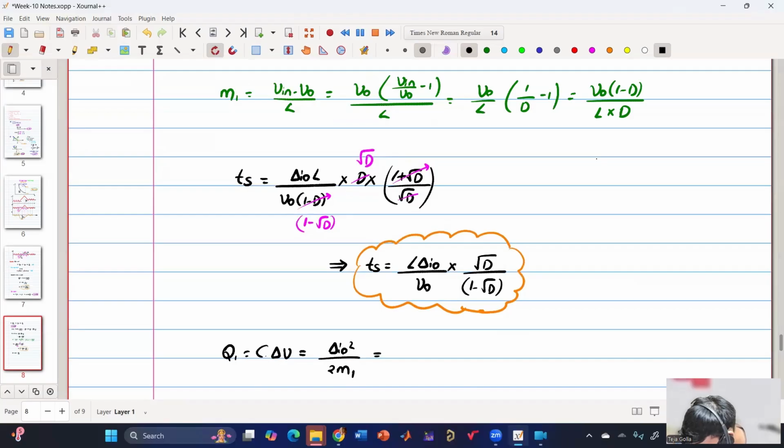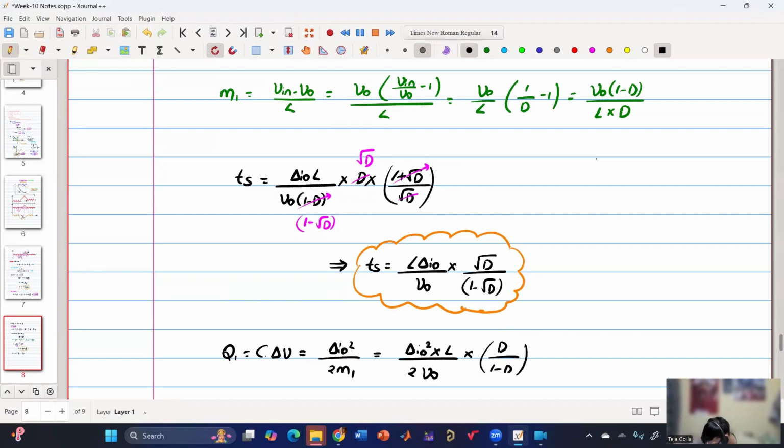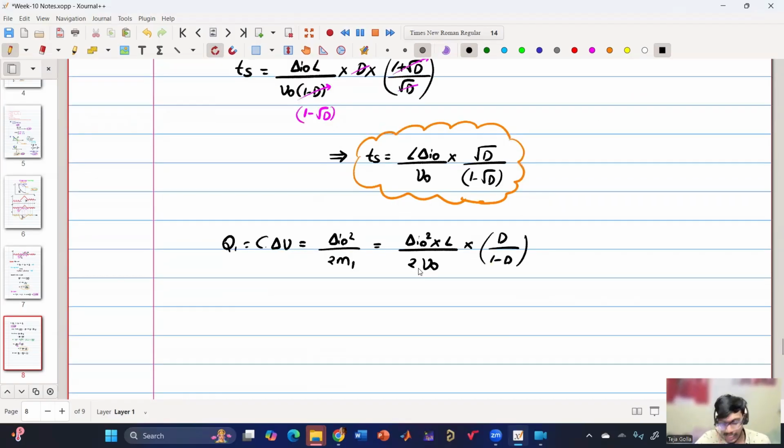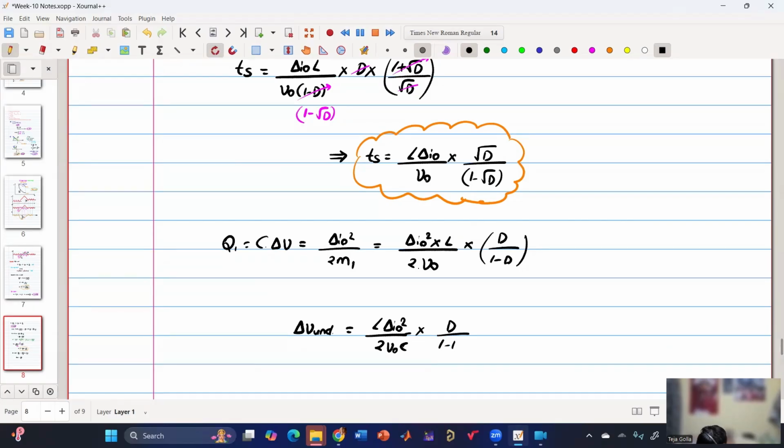So we'll get delta I naught square into L by 2 into V naught into D by 1 minus D. And if we bring C this side, I can get delta V undershoot. So delta V undershoot is nothing but L into delta I naught square by 2 V naught C into D by 1 minus D.